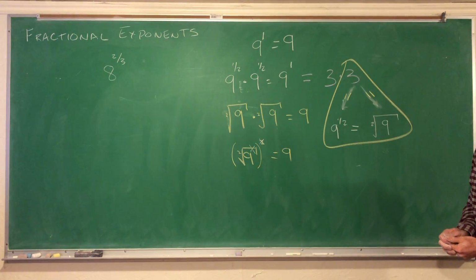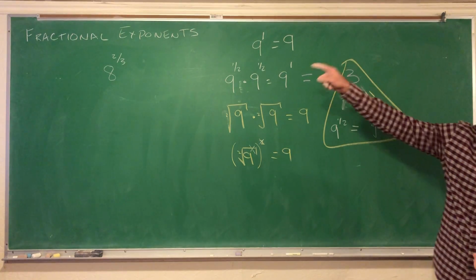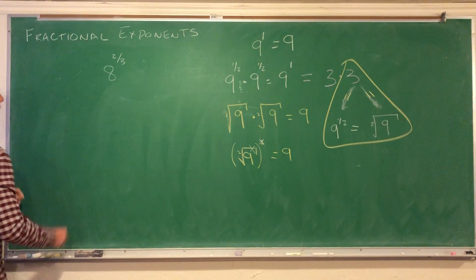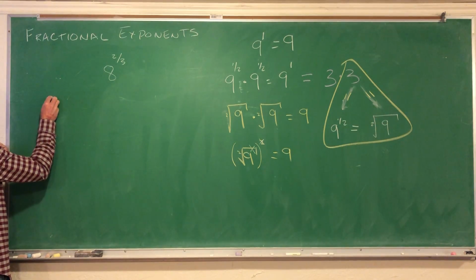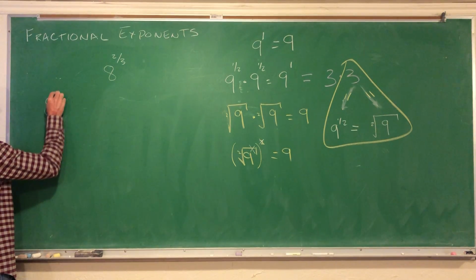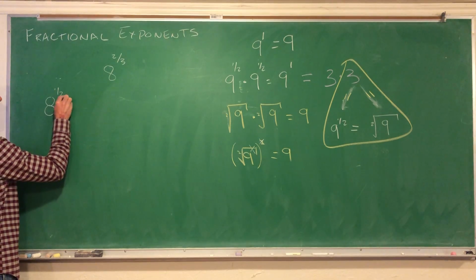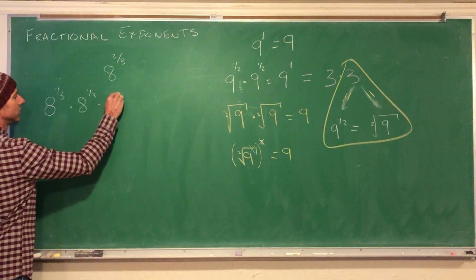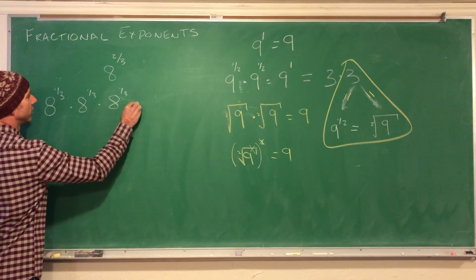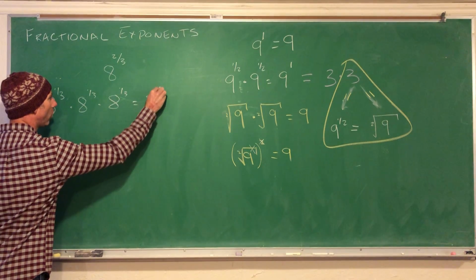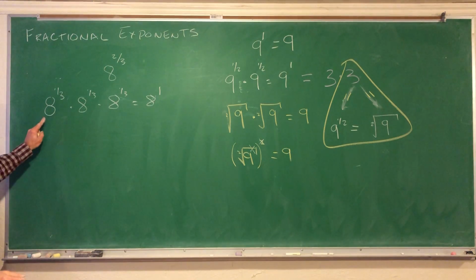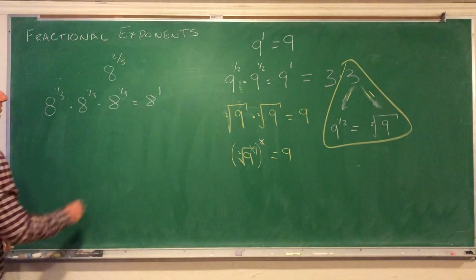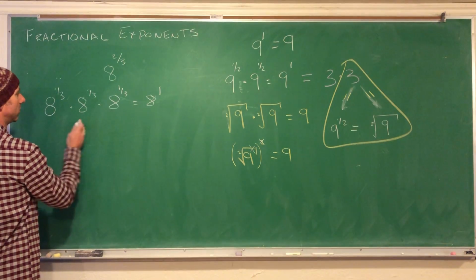Okay? So let's go back to my 8 to the 2/3. See if we can figure this one out. Well, I know that 8 to the 1/3 times 8 to the 1/3 times 8 to the 1/3 equals 8 to the 1. Now what number multiplied by itself 3 times gives me 8?